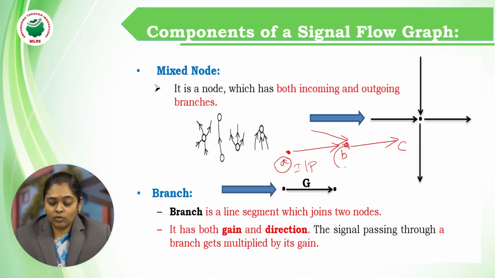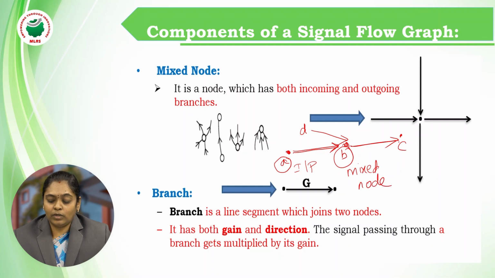But if you observe the node B, this node B consists of an input signal coming from node A as well as some input signal coming from D point. After coming over here, again it is transferring to the node C. So as B node consists of incoming as well as outgoing branches, it is nothing but called as a mixed node.